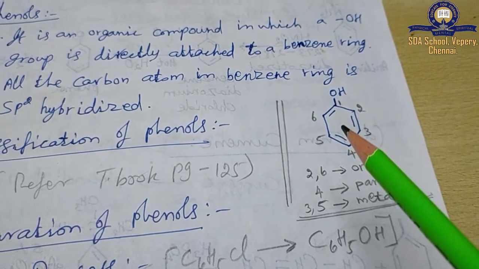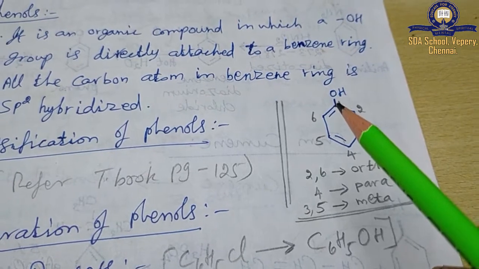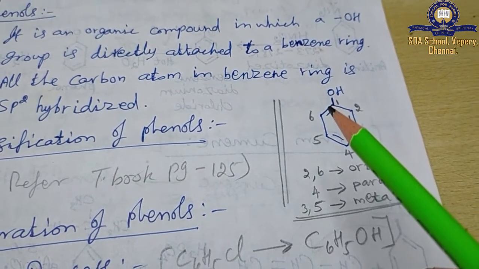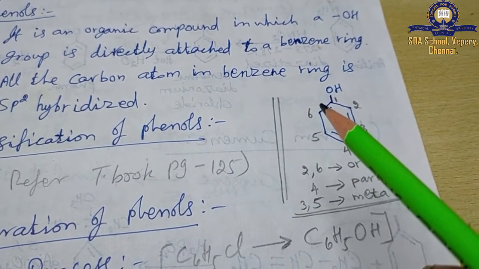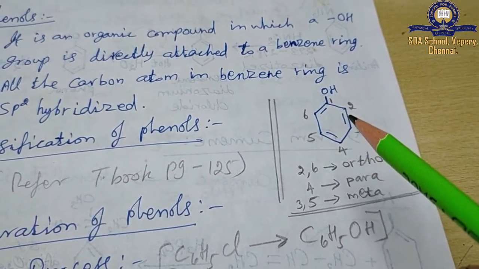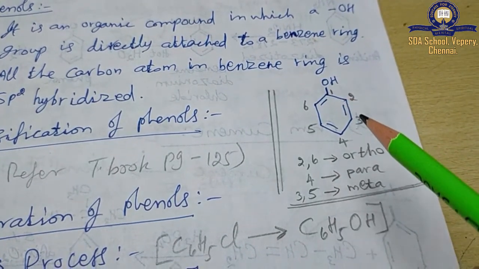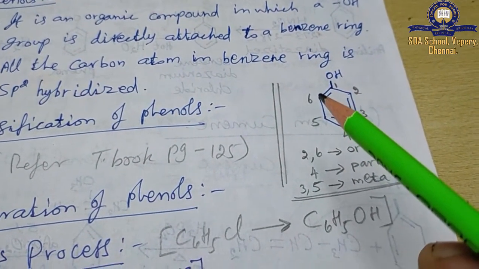So we can number from the carbon bearing the OH group as the first carbon, in either direction, clockwise or anti-clockwise. Here we proceed clockwise as 1, 2, 3, 4, 5 and 6.